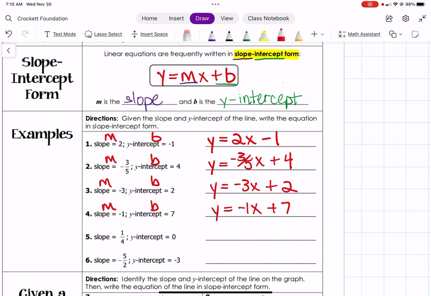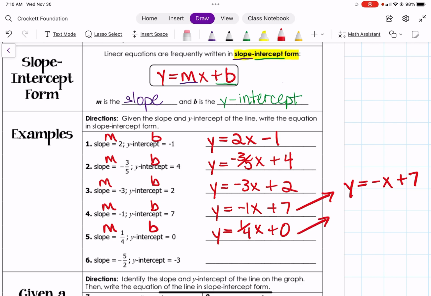Now, sometimes if this was a question on a multiple choice question on a test, they would also write this one as y equals -x plus 7. They may not put the 1, okay? Number 5, the slope is 1/4. The y-intercept is 0, so y equals 1/4 x plus 0.